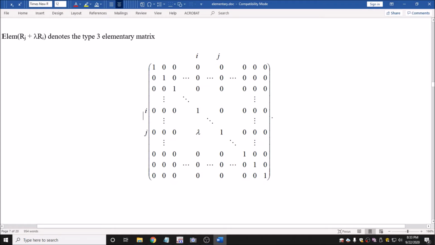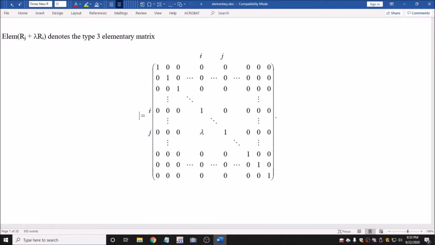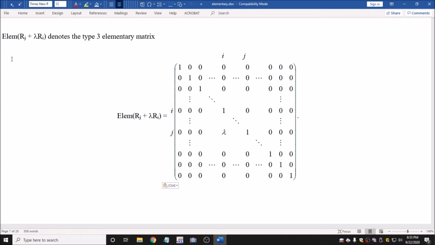That is understood to stand for the elementary matrix of type 3 where lambda times the ith row of I is added to the jth row of I. If you wanted to explicitly say this, we could say that it is the elementary matrix where lambda times the ith row of I is added to the jth row of I.